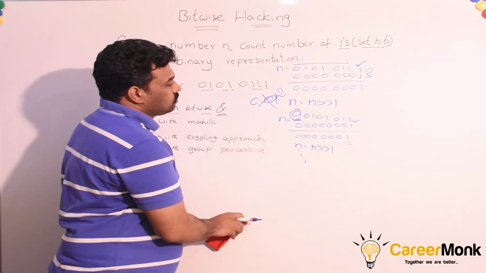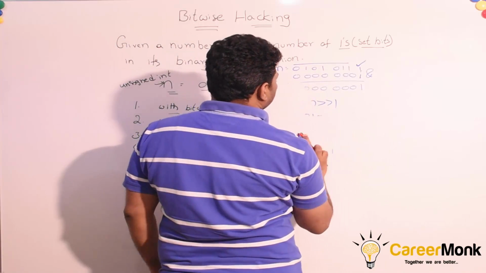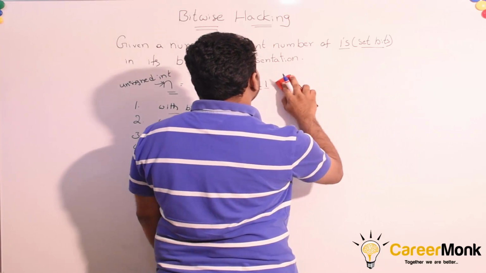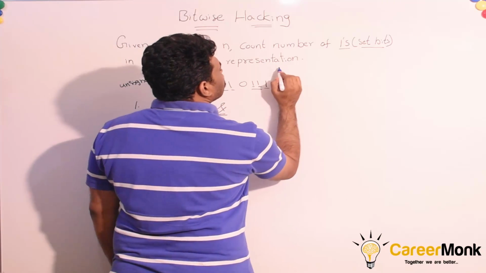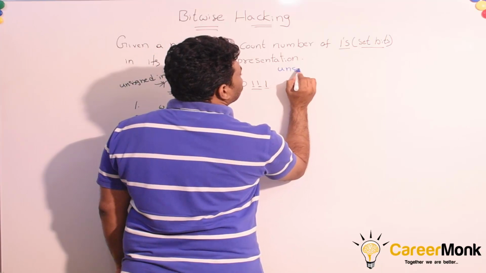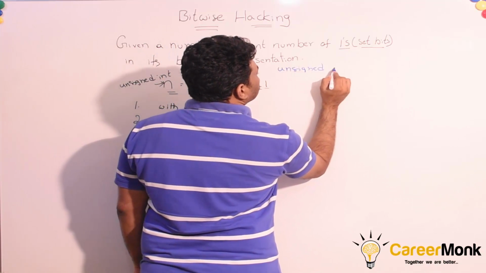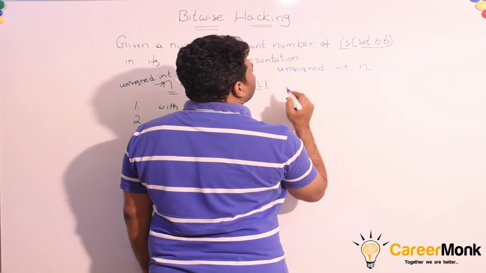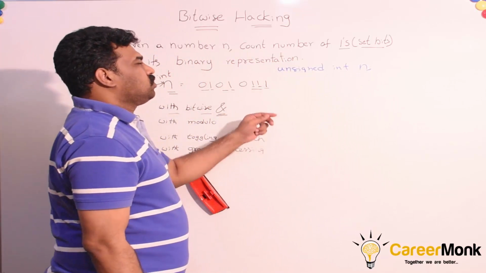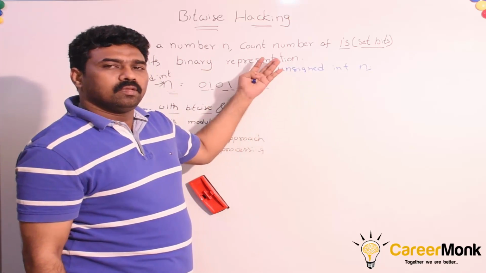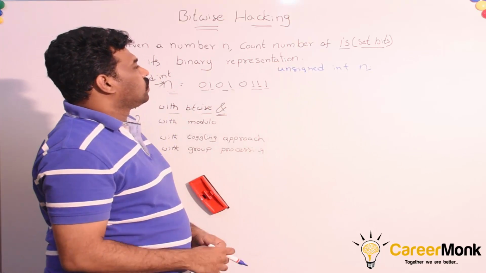How do we code this? Since we assume the given number is an unsigned integer, I'm declaring it that way. I'm thinking in terms of C and C++, and you can similarly write it for other programming languages.